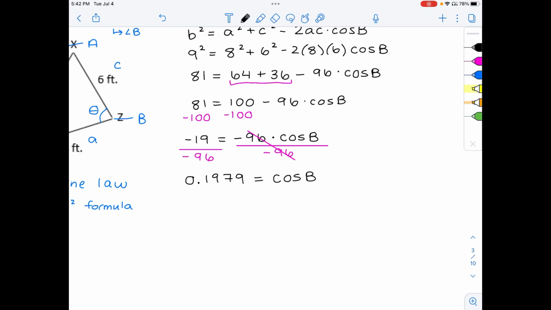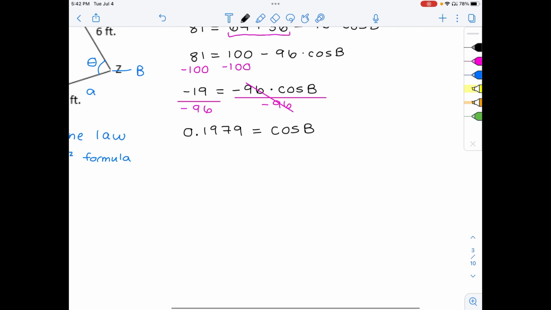I don't want the cosine of B, I want the actual angle measure of B, so I need to do the inverse cosine on both sides. You don't need to write the inverse cosine of the right side here. Typically what I'll do is just switch this to this side, B equals the inverse cosine of that decimal number. That's usually how I show that. Make sure you know how to type that on your calculator.